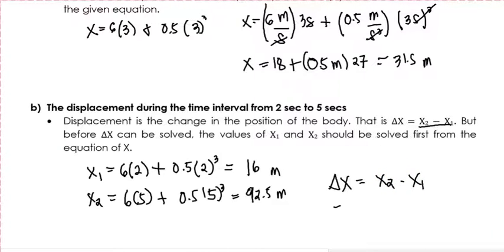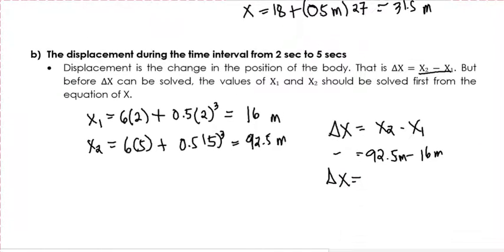So we will have 92.5 minus 16 meters. So this will be the value of our displacement.